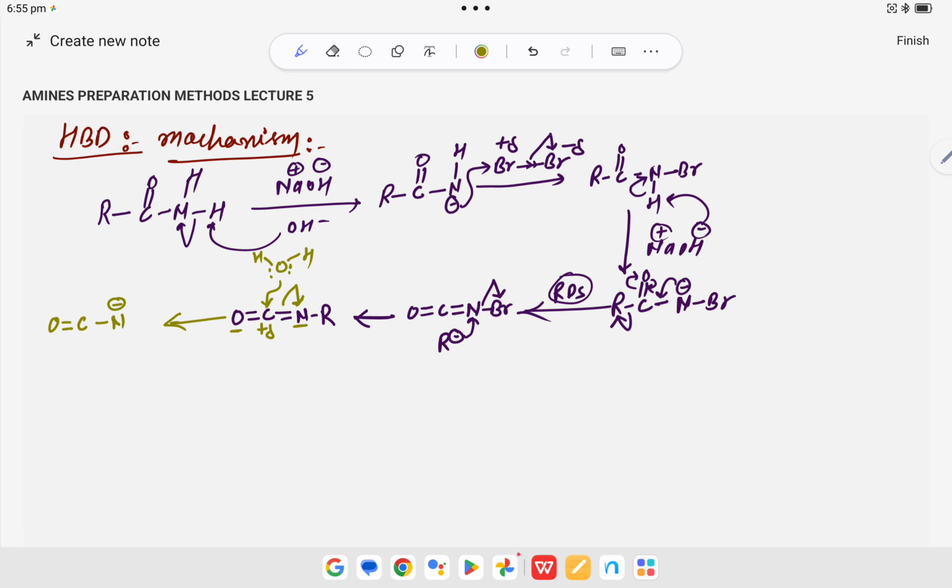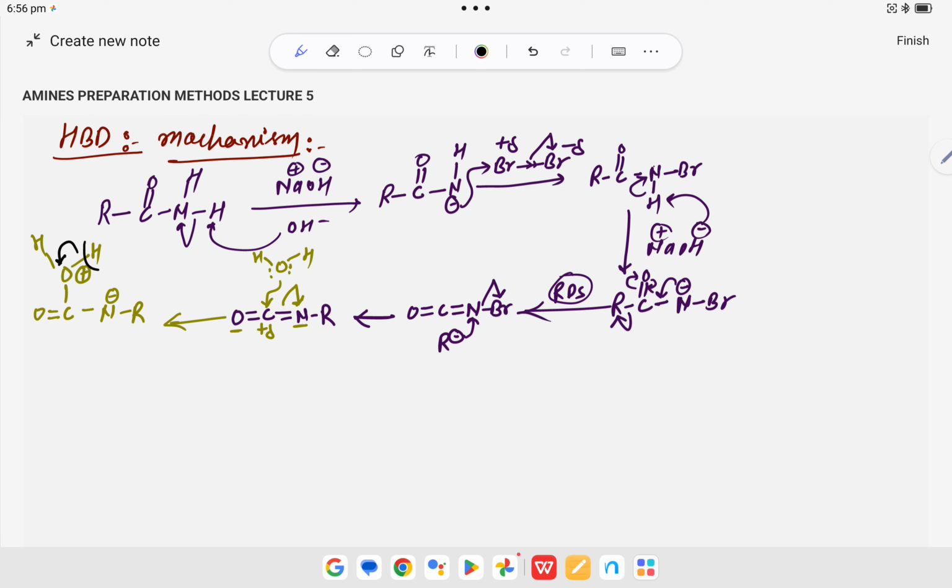Nitrogen has a negative sign, with hydrogen attached. So we get oxygen double bond carbon, single bond nitrogen with negative sign, and with the carbon a water species attached, with oxygen having a positive sign. The positive charge on the oxygen is neutralized by the hydrogen's electrons.